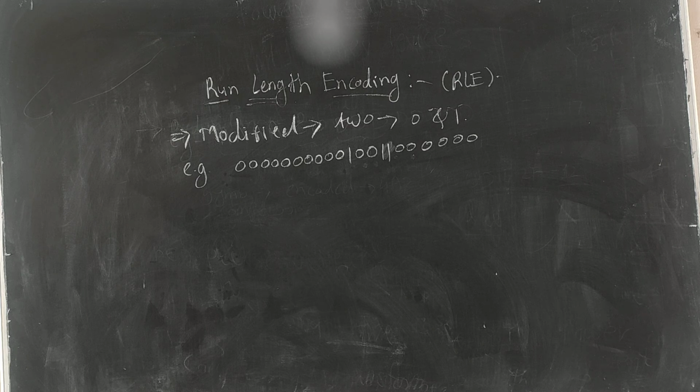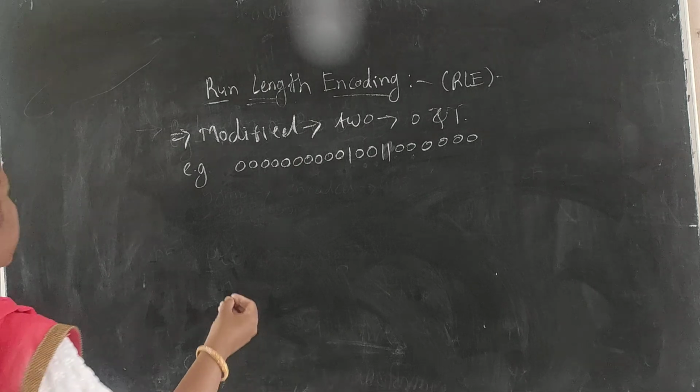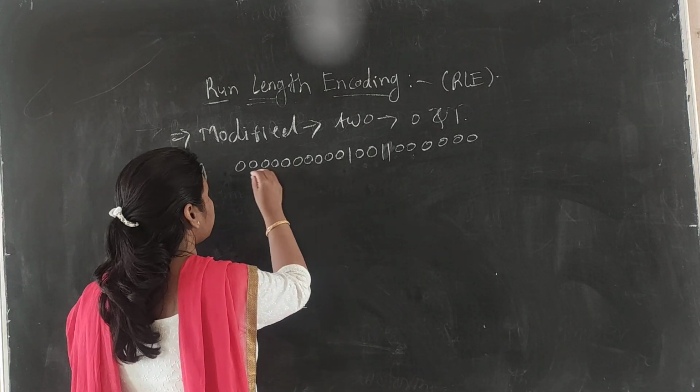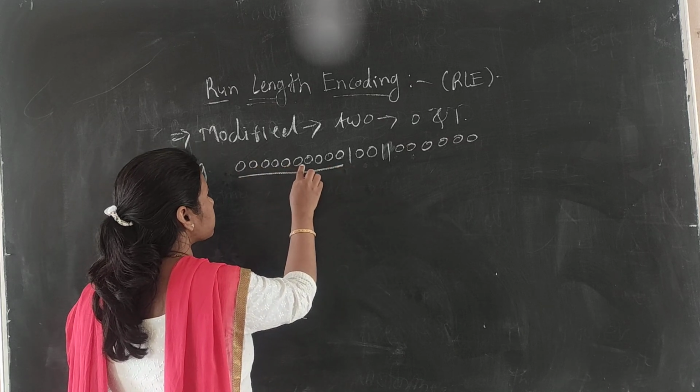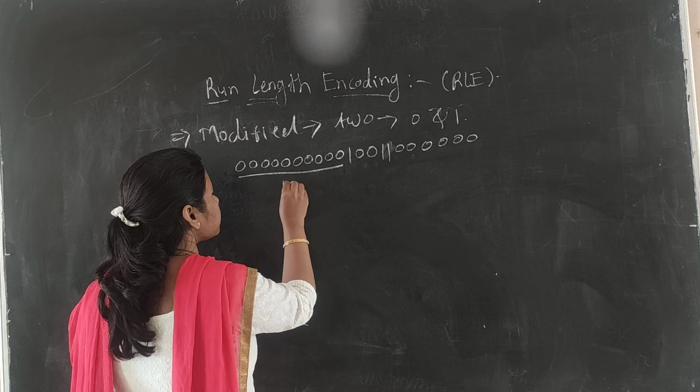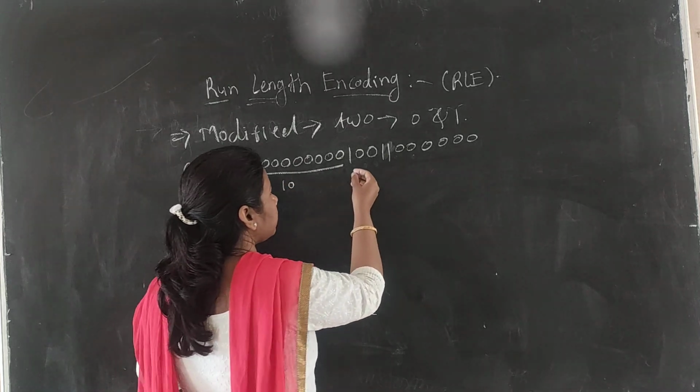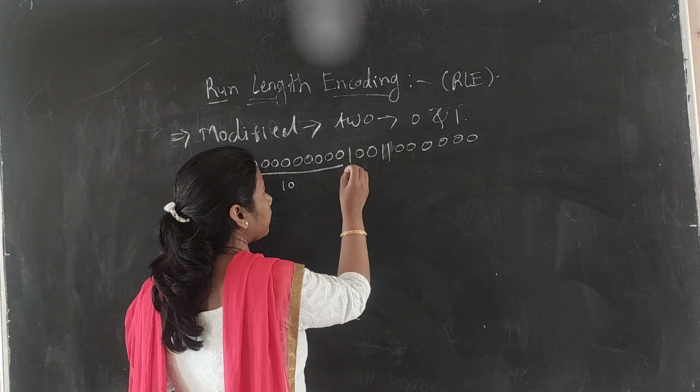Hence, we will just show the number of zeros that occur between ones. Whatever the given message is, we count: 1, 2, 3, 4, 5, 6, 7, 8, 9, 10. Ten zeros are there. Then there is a 1.